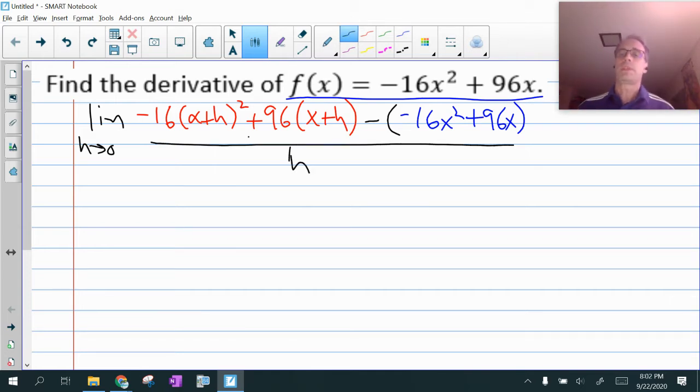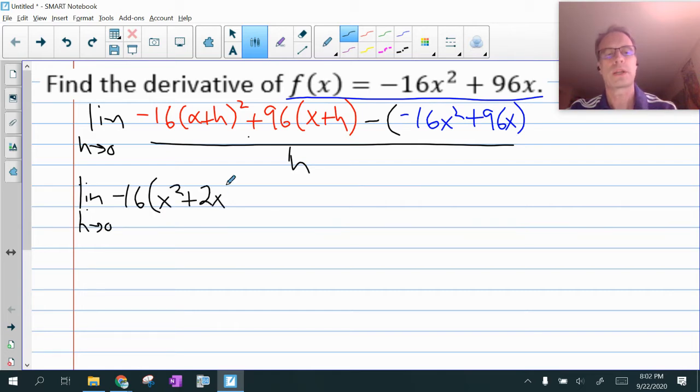Now, at this point, the calculus is done. All we need to do is a lot of algebra to try and simplify this mess. So I've now got the limit as h approaches 0 of negative 16. Now remember, the quantity x plus h squared is going to be the same thing as x squared plus 2xh plus h squared.